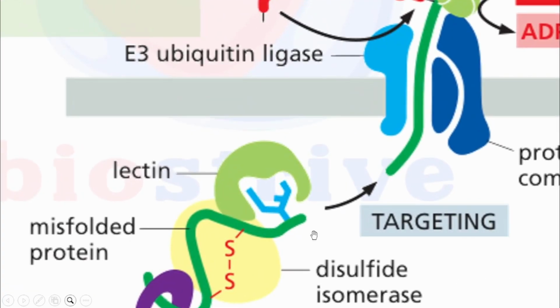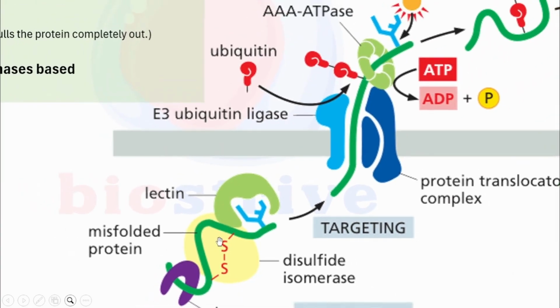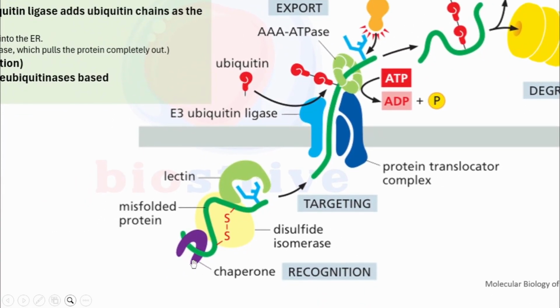Lectin recognizes the N-linked glycosylated proteins, which marks that these proteins are improperly folded. Now these three interactions will take place. One is the chaperone which prevents misfolding, then there is disulfide isomerase which breaks disulfide bonds to further unfold this protein, and there is lectin which recognizes the N-linked glycosylation.